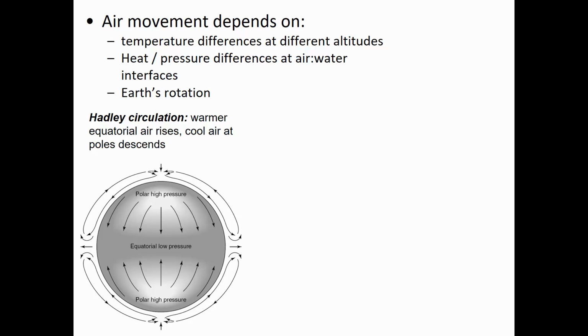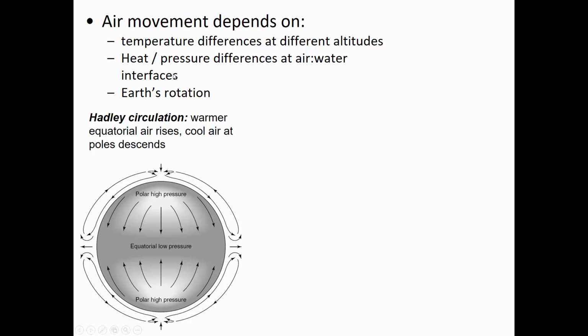And so then if you think in 3 dimensions over the surface, it's not just a single belt that's going from the equator towards the pole, but it's like an entire sheet that's moving towards the poles, and then in the upper atmosphere, it's going back to the equator.